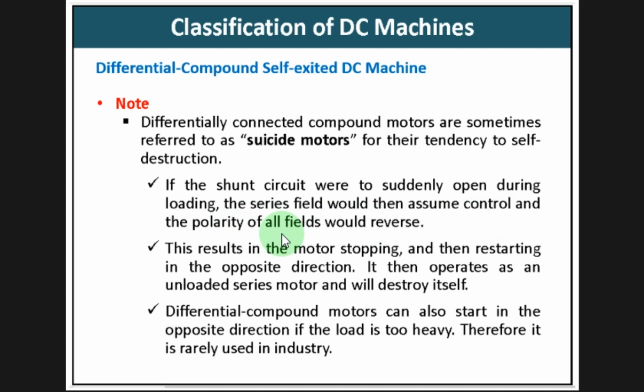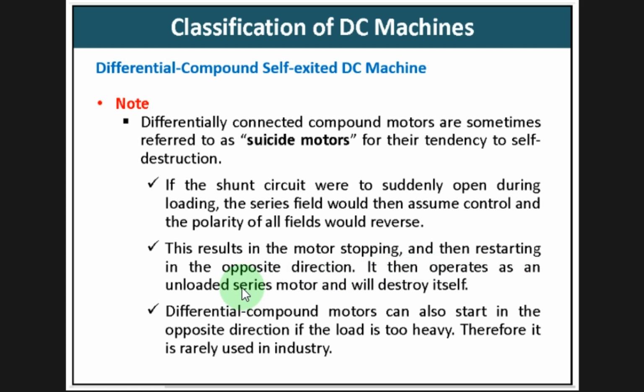The resultant magnetic field would reverse, right? So this results in the motor stopping, because it is rotating in the other direction. Now you get a different direction of the field, therefore it will first stop and then restart in the opposite direction.